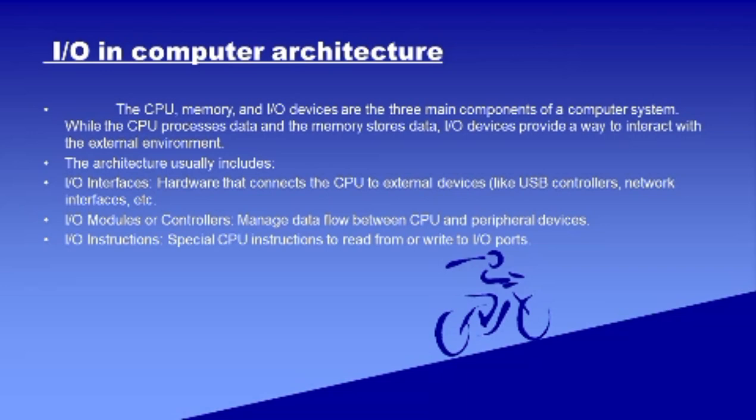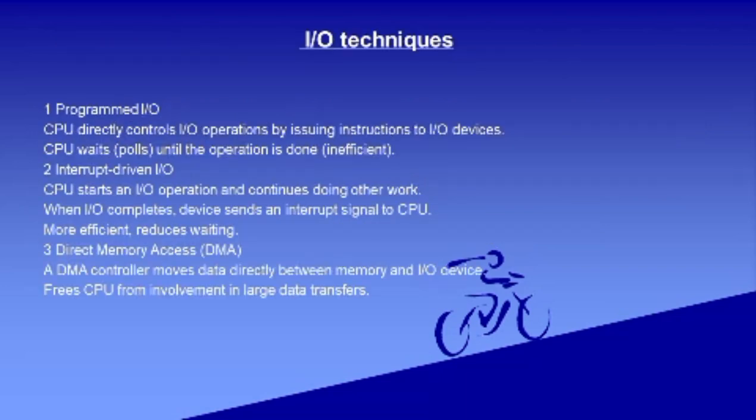Now, input or output techniques. First is programmed input or output, where the CPU directly controls the operation by issuing instructions to input or output devices, and the CPU waits until the operation is done.